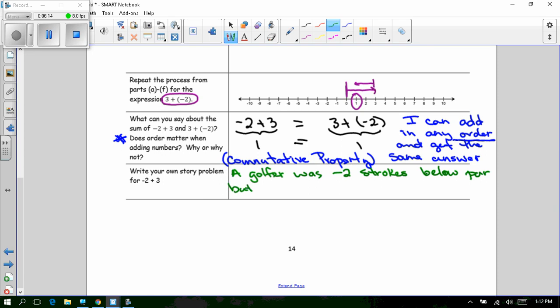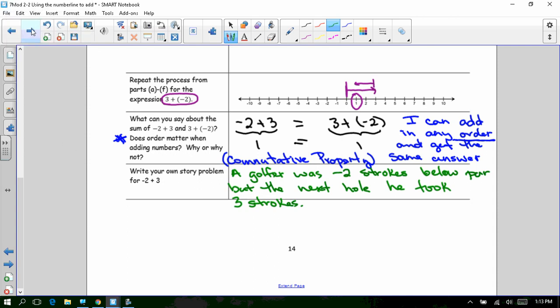But the next hole, he or she took 3 strokes. So a minute ago they were 2 strokes below par. Now it took them 3 strokes. So, you know, they're not doing so hot maybe. I don't know. Depends on how many strokes were needed for that particular hole, I guess.